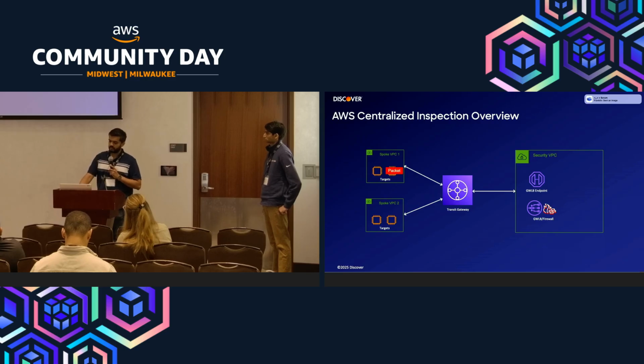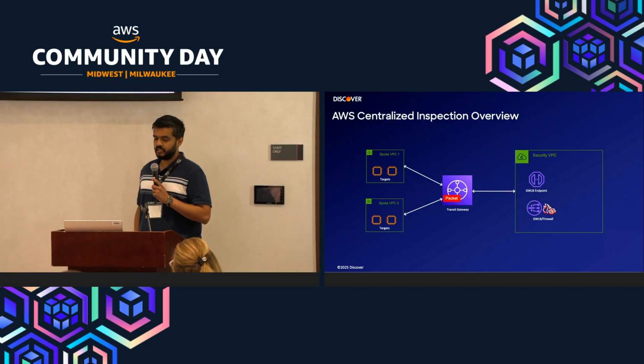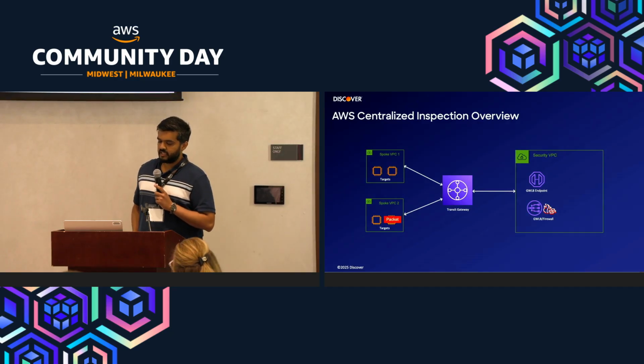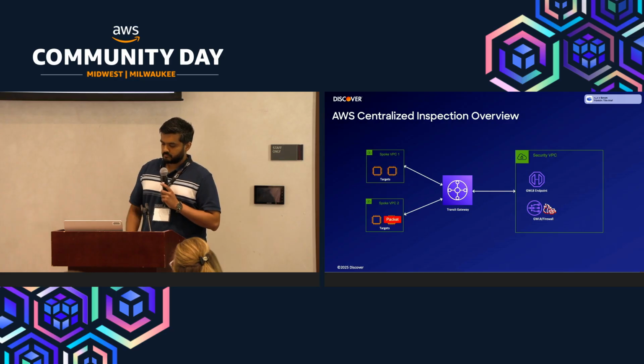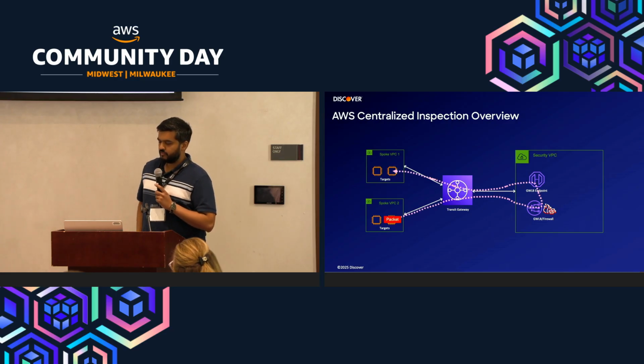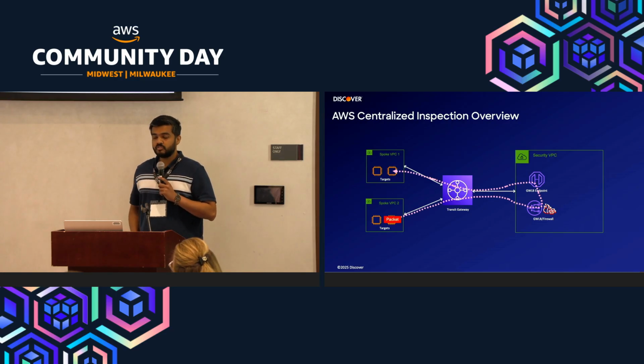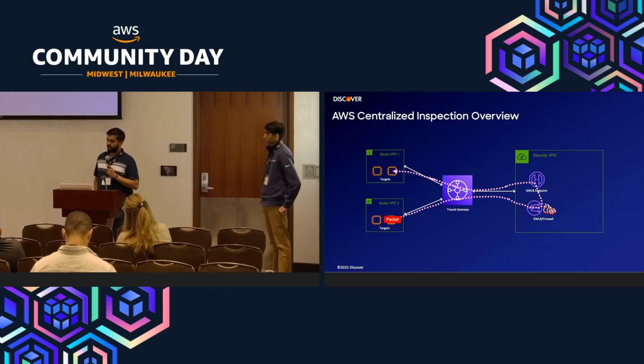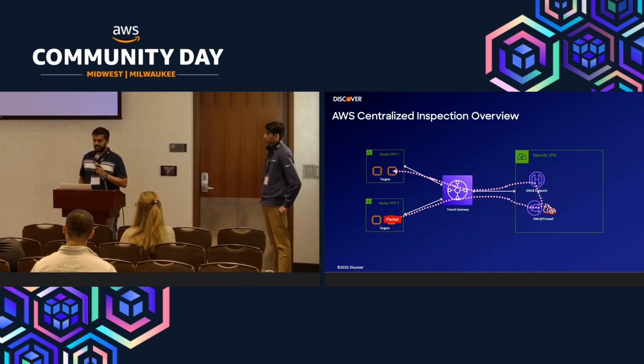The traffic path for it will look like this. It will be forwarded via transit gateway to firewalls within the security VPC and back to transit gateway and to its destination. Here the firewall will decide if it wants to drop or allow a packet depending on the firewall policies that we add.